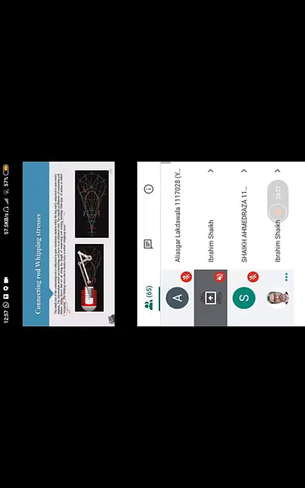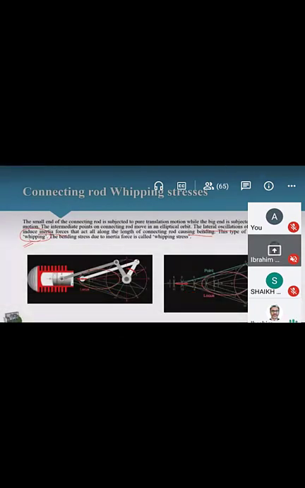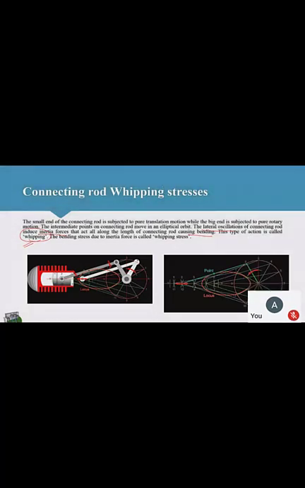Sir, so bending stress itself has been called whipping stress? Yes, but the reason is the intermediate portion of the connecting rod, from here to here. Its plane is an elliptical plane, because of which it oscillates in the lateral direction. Because of that there is slapping, which you must have heard as slap of the piston, and because of it there is also ovality of the piston in the cylinder liner. It is because of this motion.